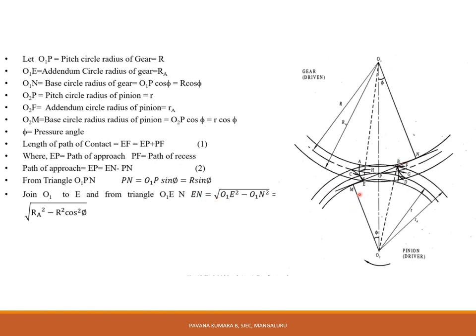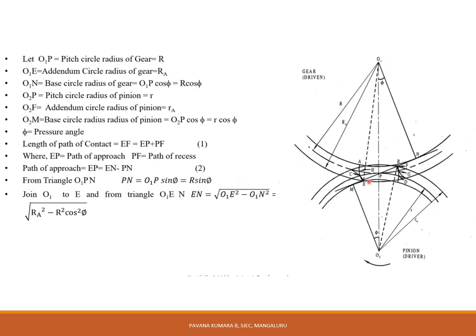O1EN is a right angle triangle, and the formula is A square plus B square is equal to C square. We want EN, so EN is equal to the square root of O1E square minus O1N square. O1E we already determined: that is RA, so RA square minus O1N, which is R cos phi, so R square cos square phi.